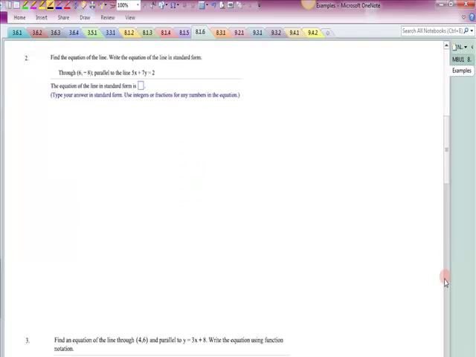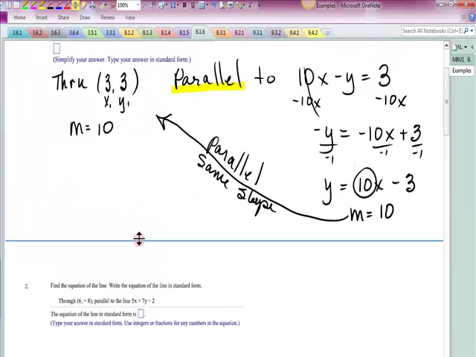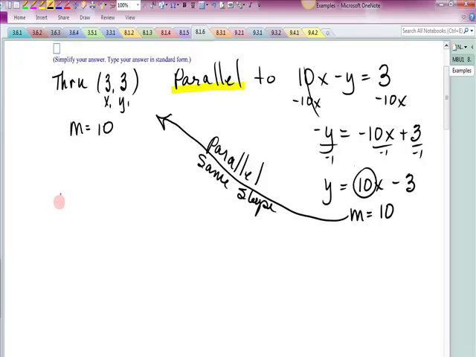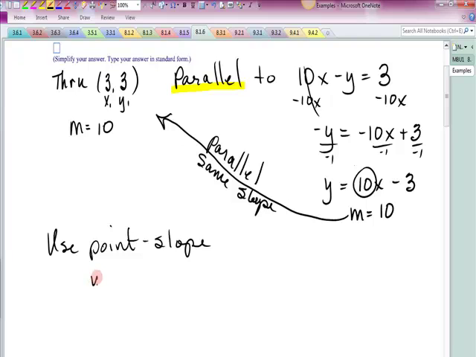All right, let me give a little more work room. What I can do from that, now I have a point and the slope. So I'm going to use point-slope. Remember, what you're given tells you what to use. All right, so y minus y1 is equal to m times x minus x1.